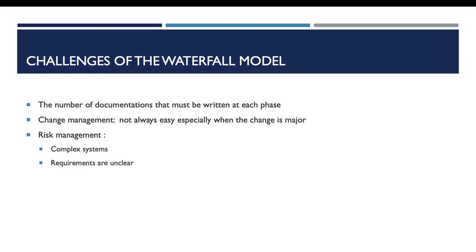And finally, risk management. Despite customer involvement, despite prototyping, the risk is still high, even more if we have a complex system, and even if we have requirements which may not be clear. So that's it for this video.